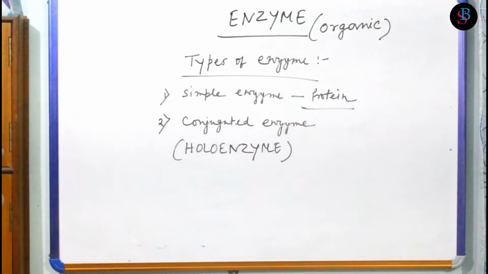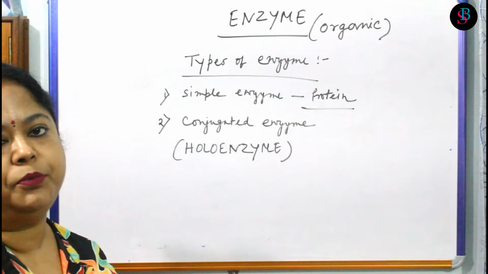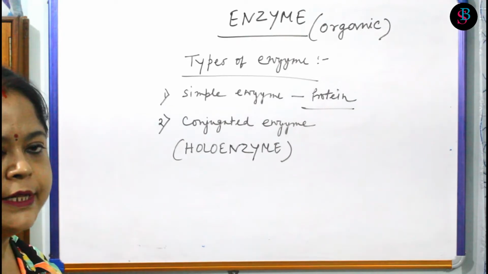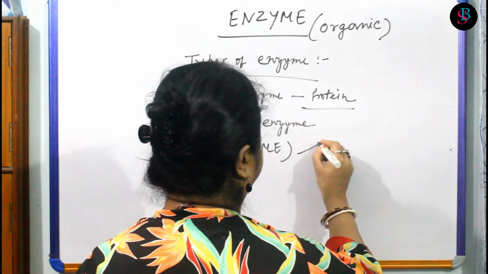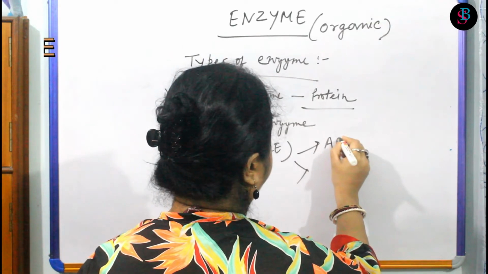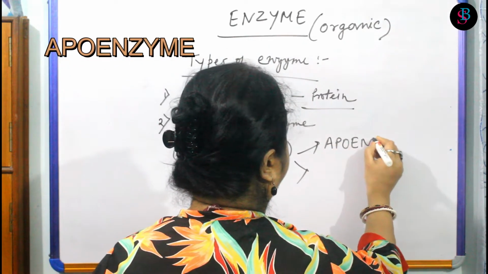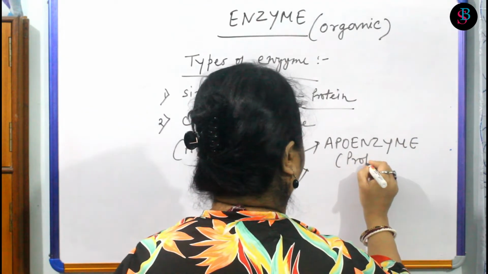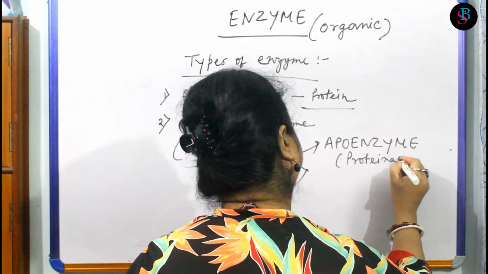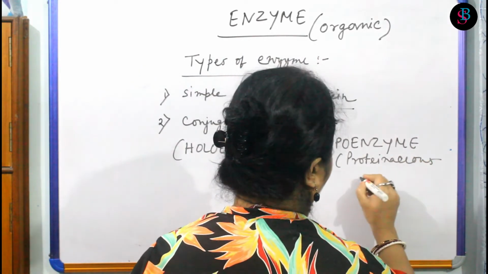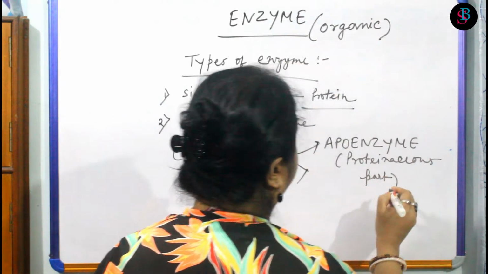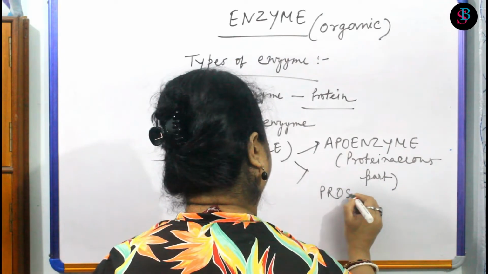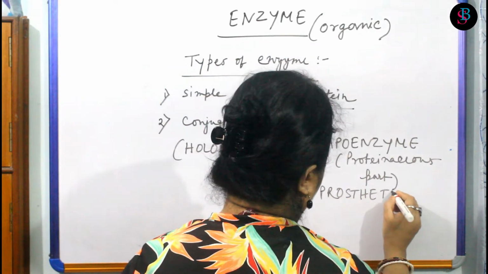It has two parts: one proteinaceous part and another non-proteinaceous part. तो simple enzyme में केवल प्रोटीन ही रहता है, और conjugated enzyme में दो पार्ट रहता है. एक है apoenzyme, which is made up of only protein, that is the proteinaceous part, and another is the prosthetic group, that is the non-proteinaceous part.